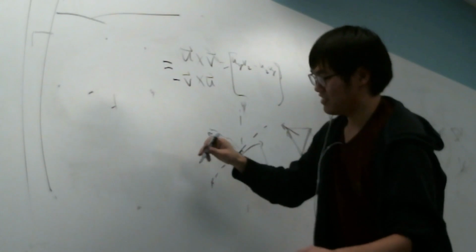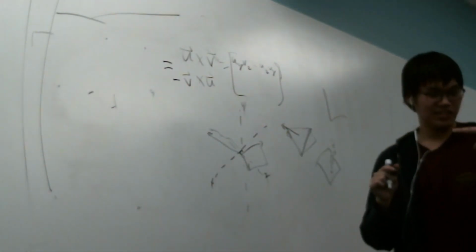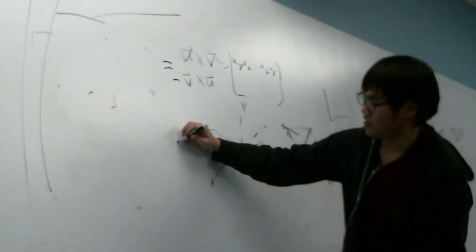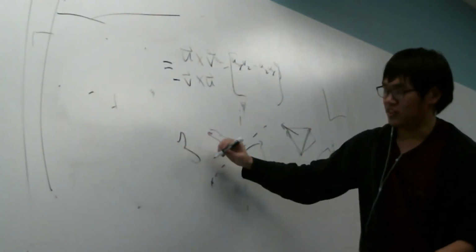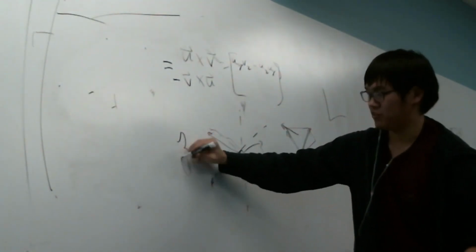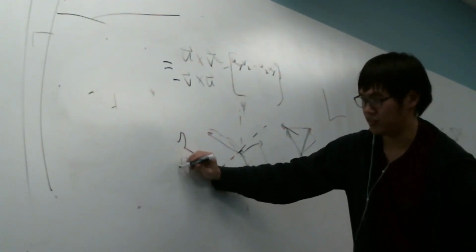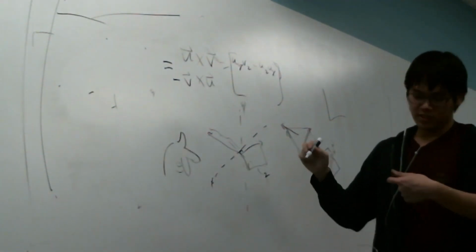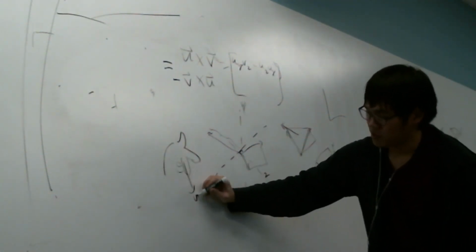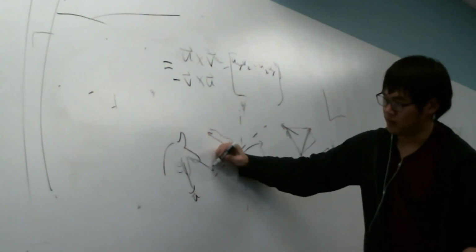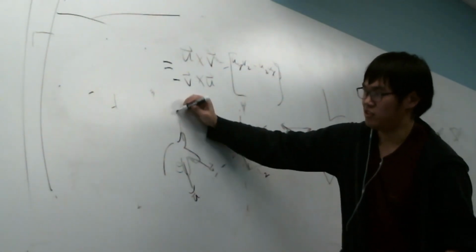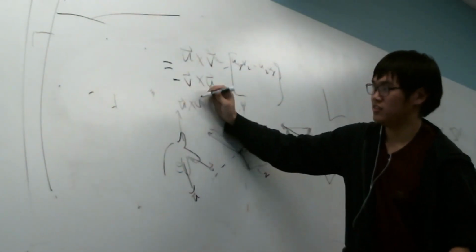The way you would do it is, let's say you have the thumb, the index finger, and the middle finger. This would be U, this would be V, and then this would be the cross product.